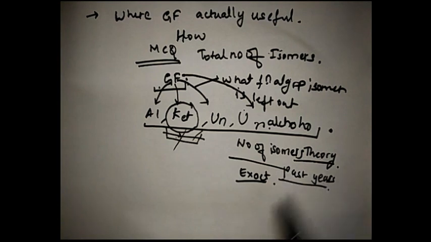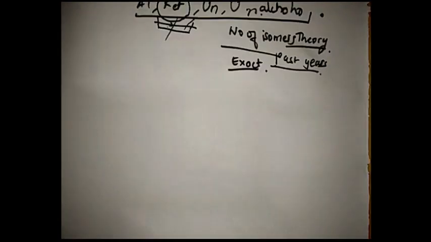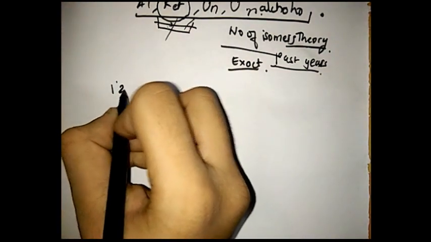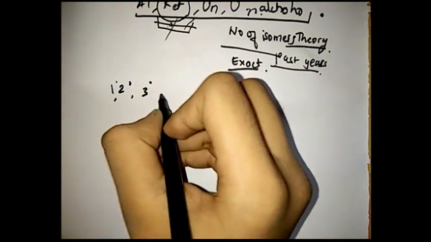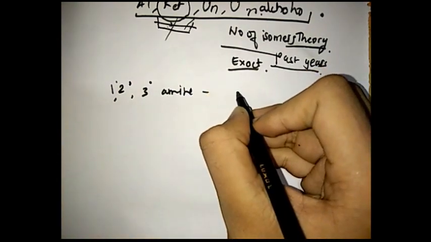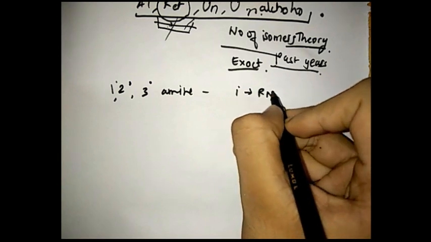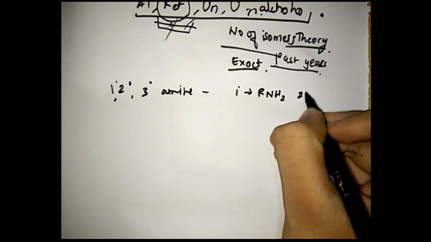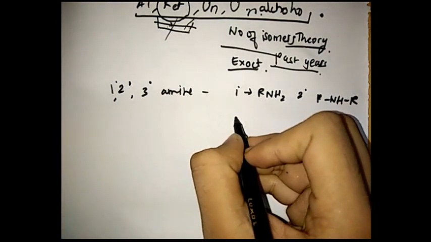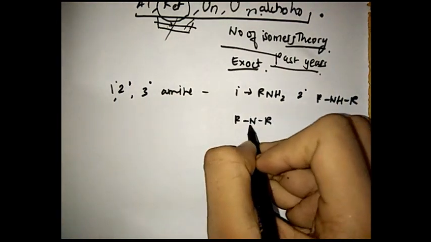Now the last of the subgroups, which are least important, or the questions arrive less from these, will be 1 degree, 2 degree, 3 degree amines, which can be represented as: 1 degree will be RNH2, 2 degree will be RNHR, and 3 degree will be RNR and R.